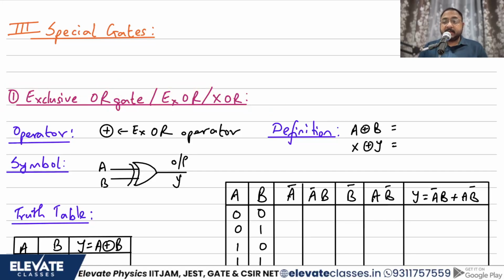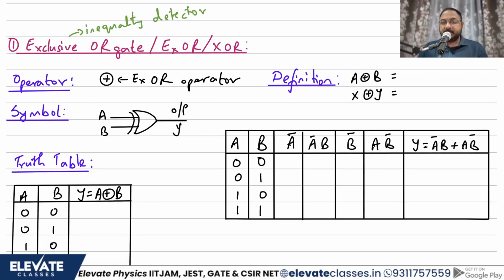Okay, there's another important note. This particular gate is also called an inequality detector. Why is it called so? We'll see in a moment. It is also called an odd parity detector. Why? We'll see in some time.